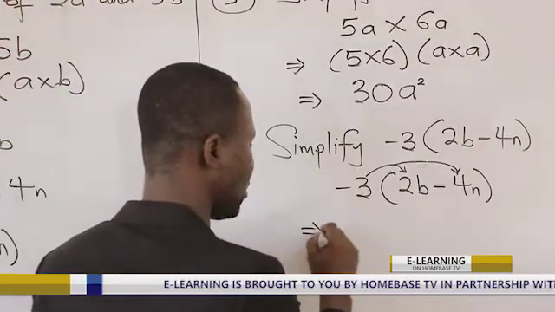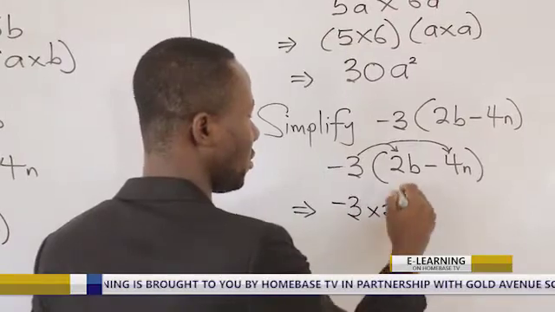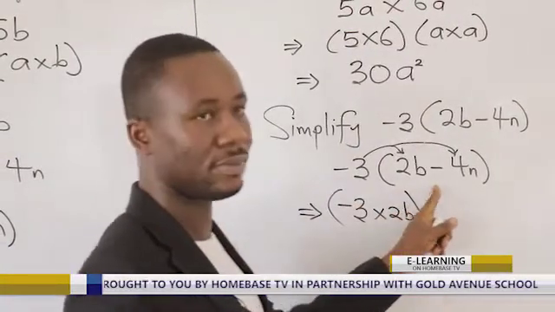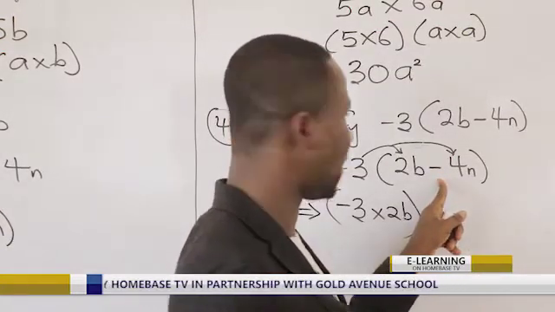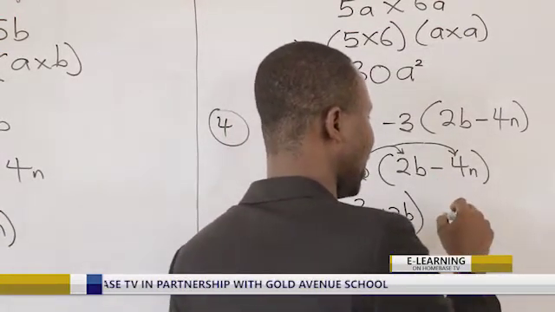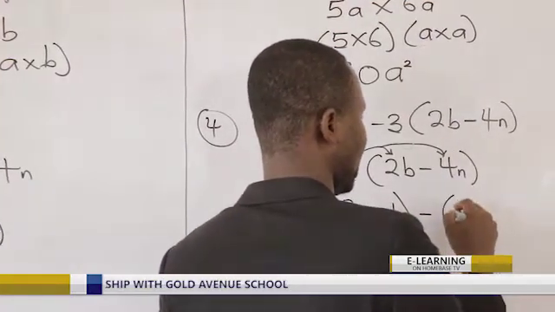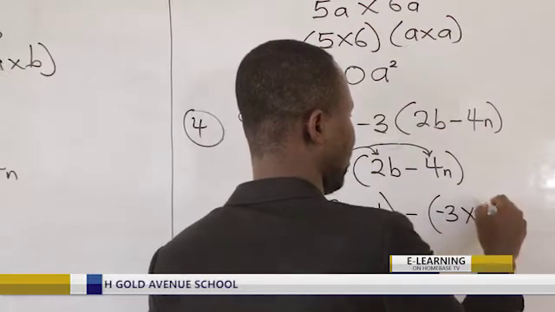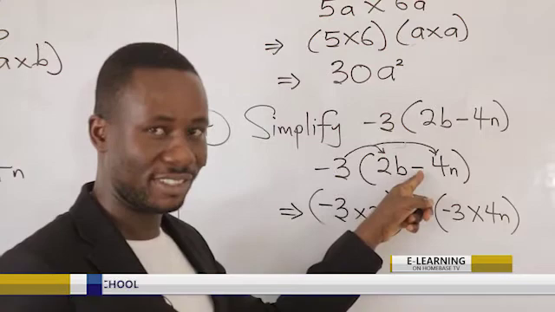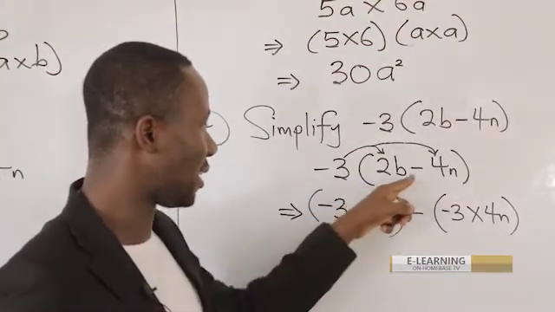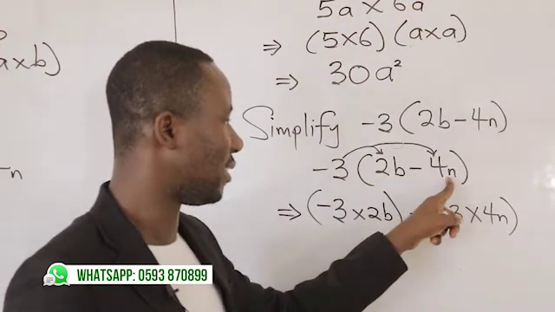So this implies negative 3 times 2b and then negative 3 times 4n. I brought negative sign because there's negative sign here. So see, this one multiply this, I brought the negative sign, then this one will go for the 4n.